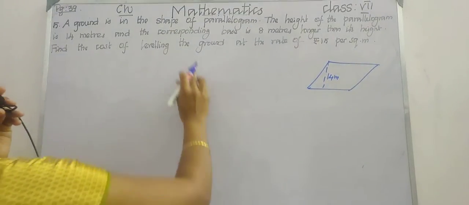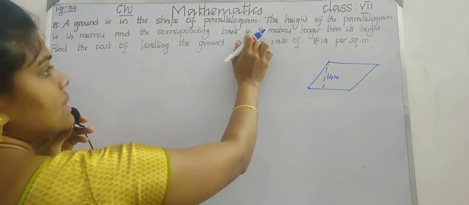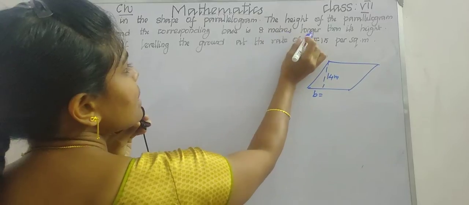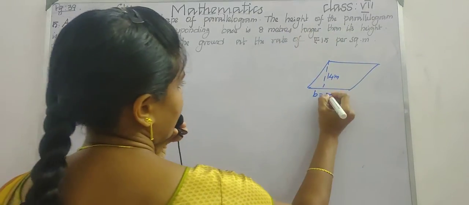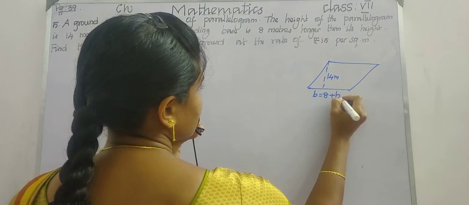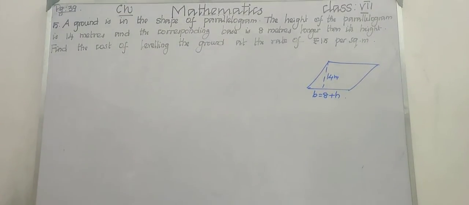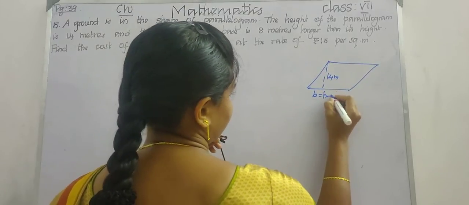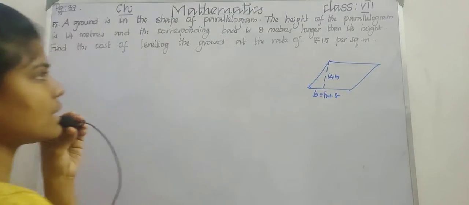And the corresponding base is 8 meter longer than its height. That is h plus 8. So we can write h plus 8, 8 meter longer than its height.